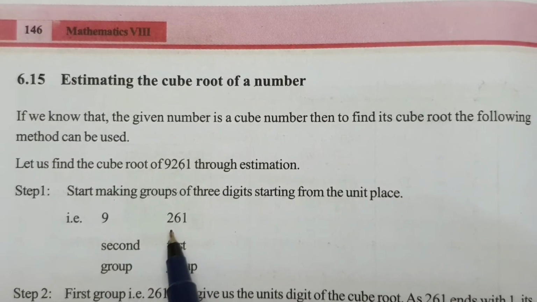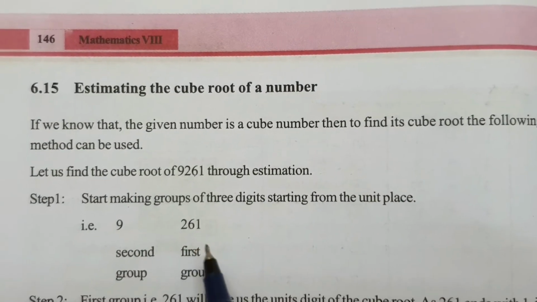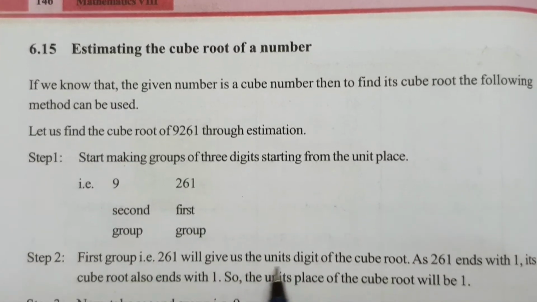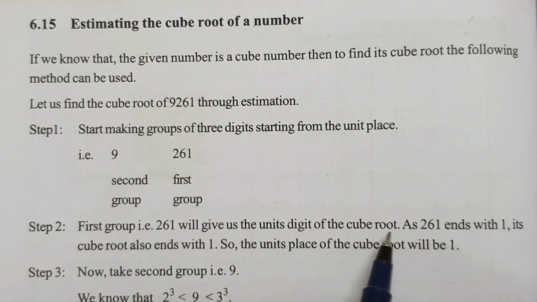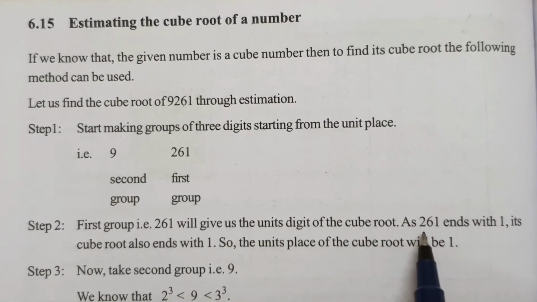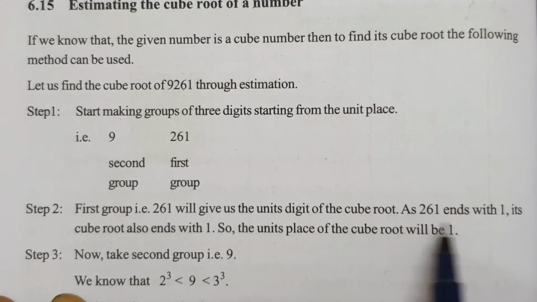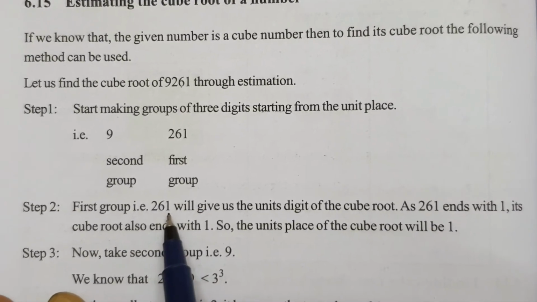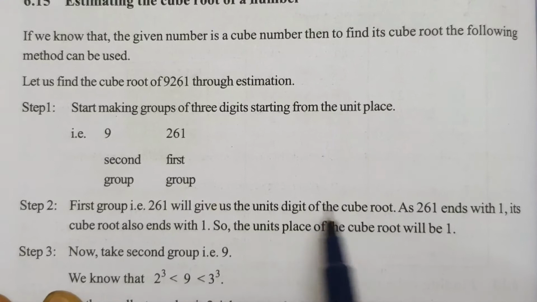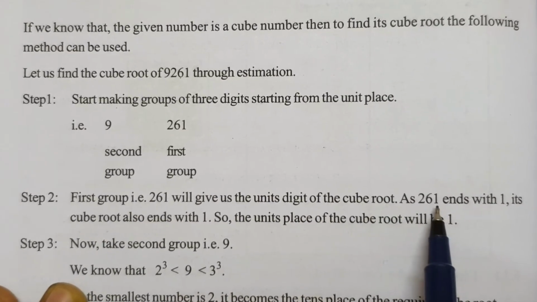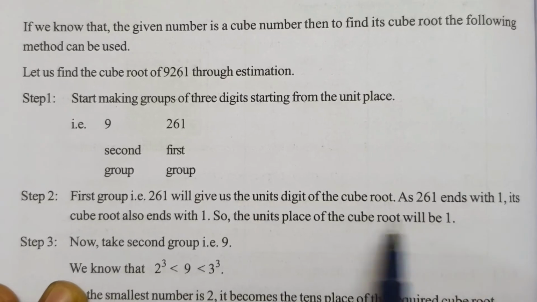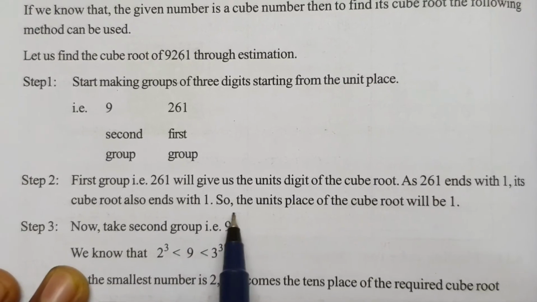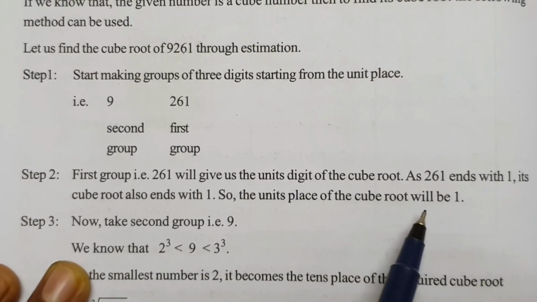In the first group, 261 ends with 1, and the cube of 1 ends with only 1. So the cube root also ends with 1. The units place of the cube root will be 1.